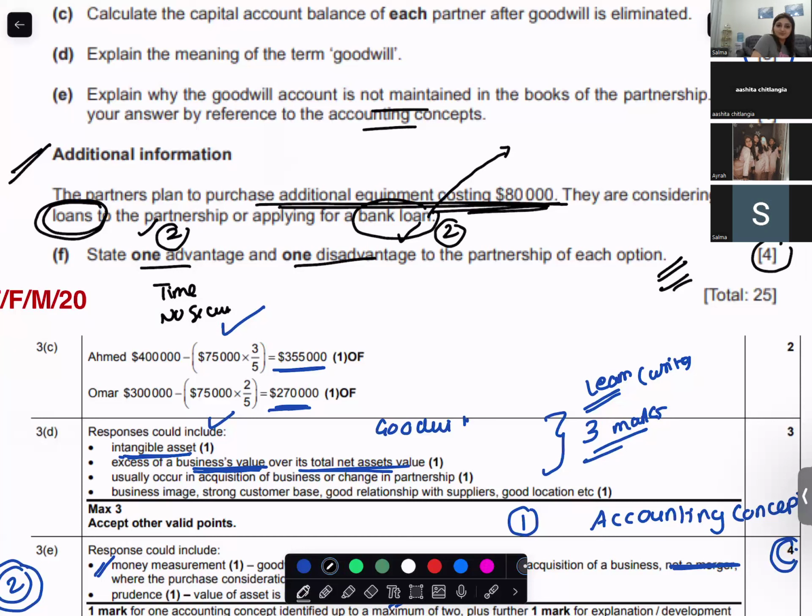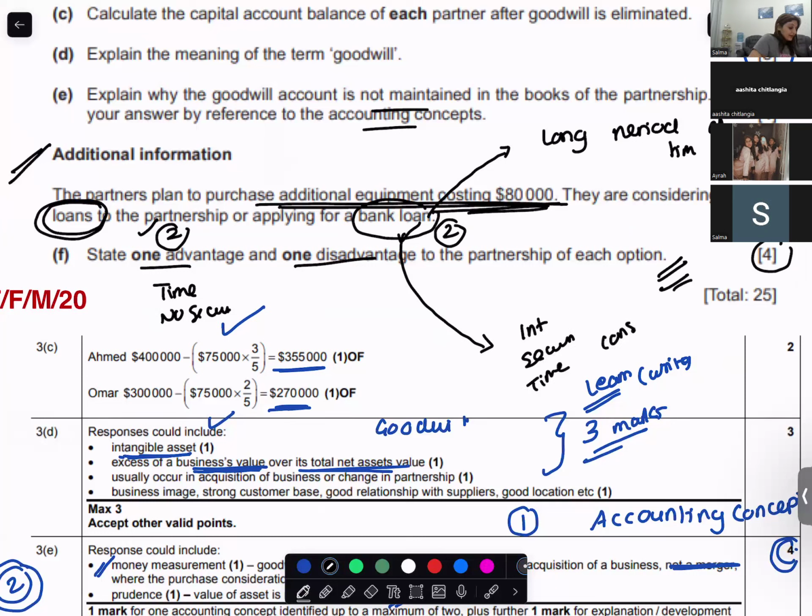You get it for a long period of time. You can take it for a high amount. The disadvantage will be that interest needs to be paid, security needs to be given, and it is time consuming.